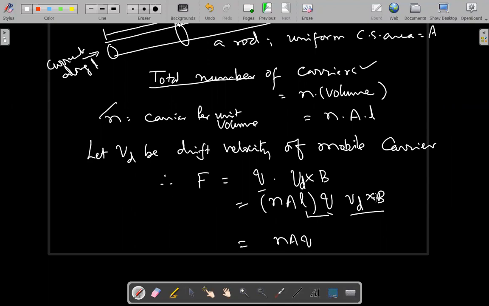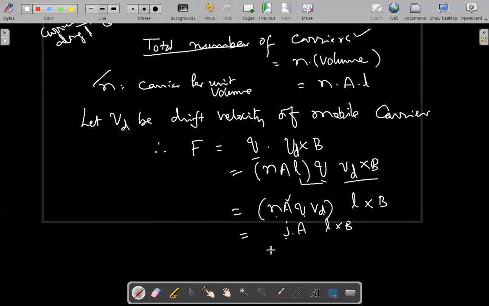In fact, you can put the Vd also, Q Vd, and then the cross product of L and B. So this entire thing we can write as current density J multiplied by A, and this is the remaining, L cross B. Current density multiplied by the area gives current. That's why you will have I L cross B.